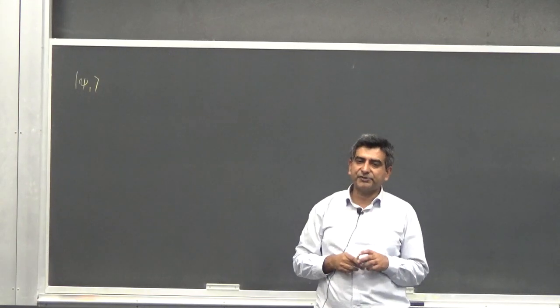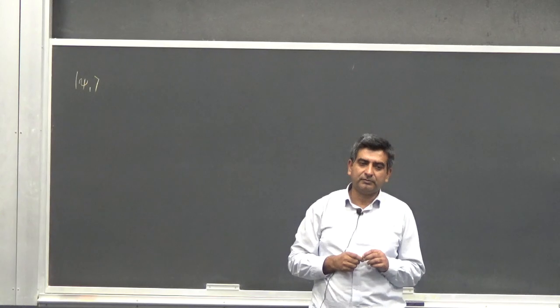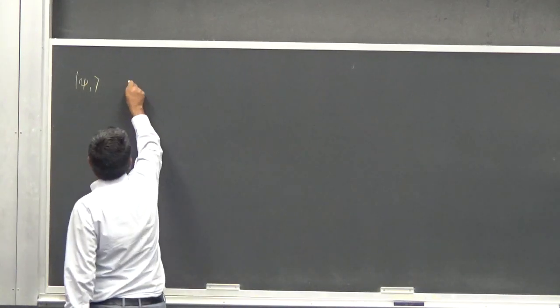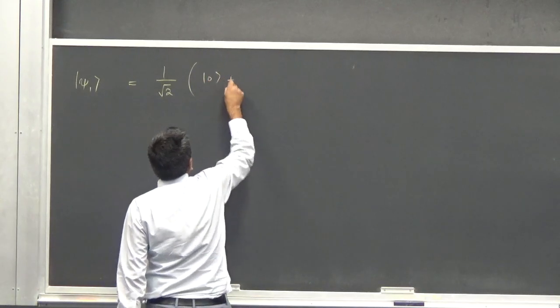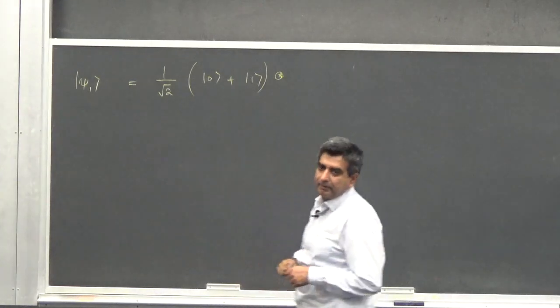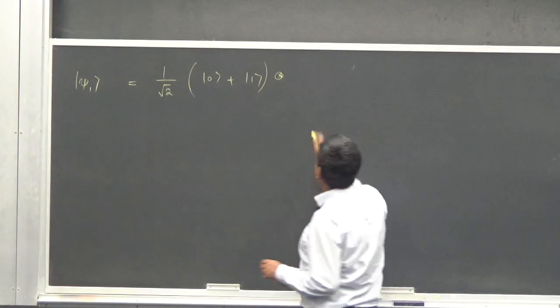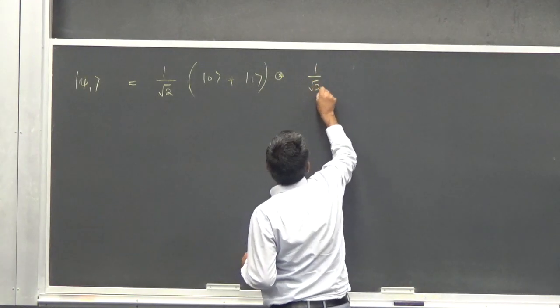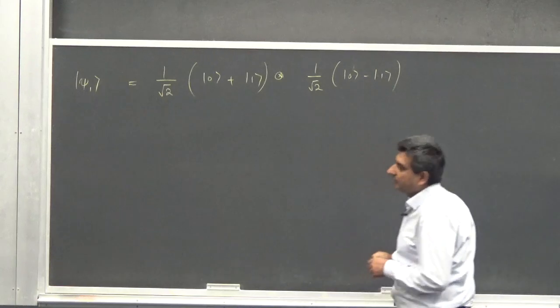So what's the state of the first qubit after the Hadamard? Right, so it's 1 over root 2 (ket 0 plus ket 1). And the second qubit? Right, 1 over root 2 (ket 0 minus ket 1), right?